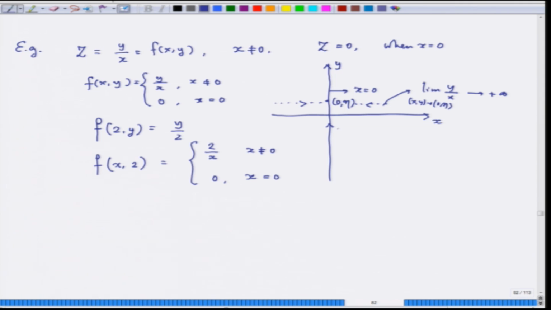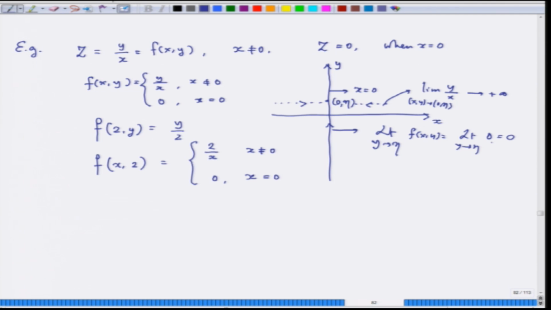While if you are coming on this line here, because x is always 0, the function value f(x, y) is actually 0. So, the limit as y approaches eta is 0.